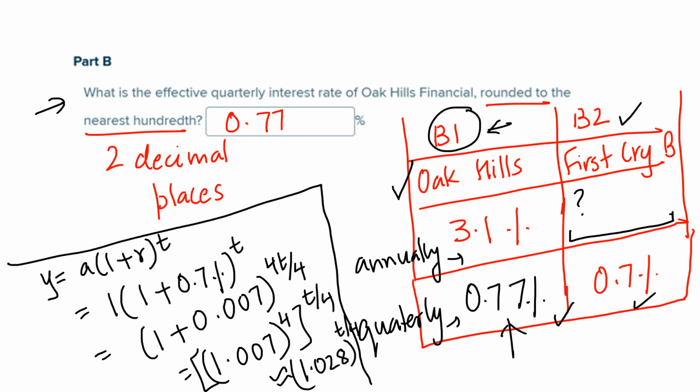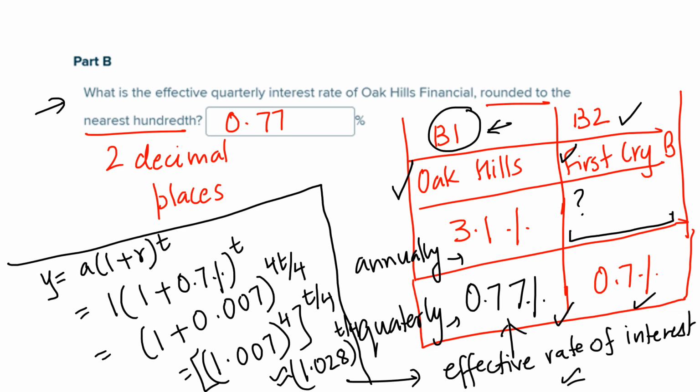Oh, I'm running out of space now, but I'm sure you are able to observe here that when we come to this bank, First Cry, the effective rate of interest is about 0.028 in decimal. So let's convert to percentage for a better comparison, 2.8.